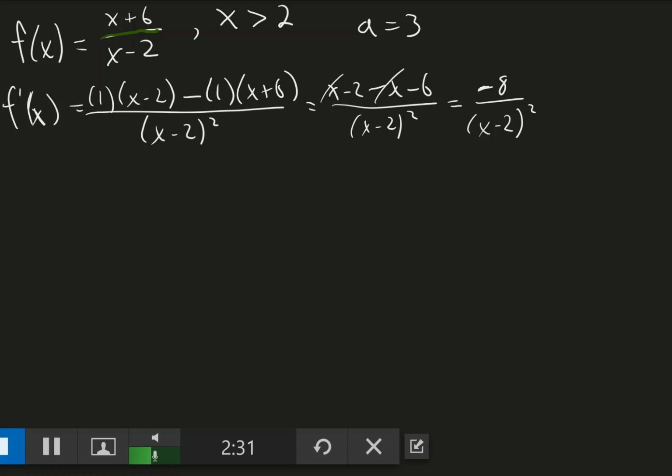Now that we know that exists, we can figure out the derivative of the inverse of this function at this value.